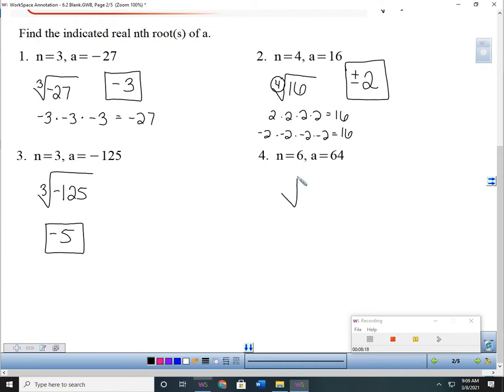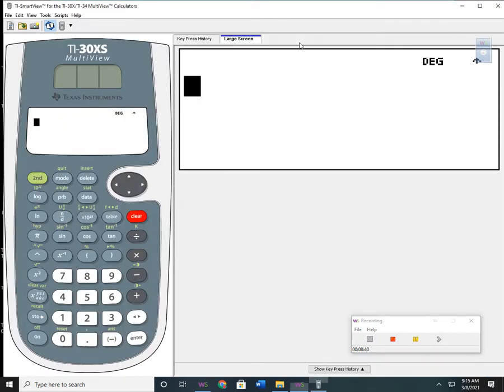All right, so 6th root, that's an even root. So how many answers are we going to have? 2. And so we're looking for a number times itself 6 times that equals 64. All right, a positive and a negative 2. A good way for you to check those is you can always say, okay, if I take 2 to the 6th power, that would be 2 times itself 6 times, right?